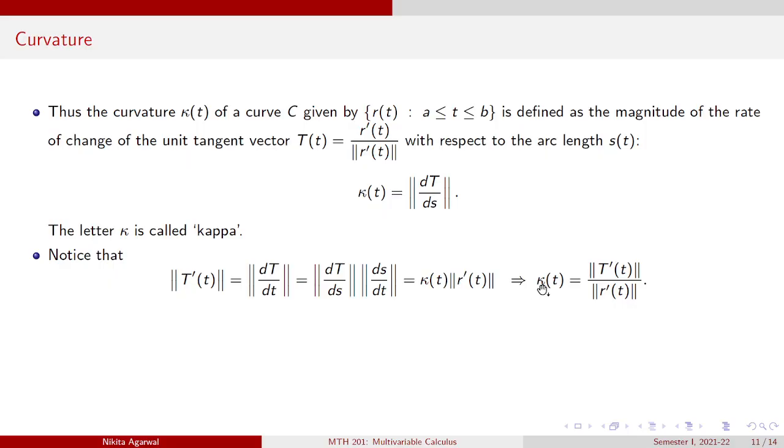Therefore, kappa(t) is the norm of T prime(t) divided by the norm of r prime(t). This is another formula for kappa(t), which is more useful, because now there is no dependence on the arc length function. This formula is completely independent of arc length.